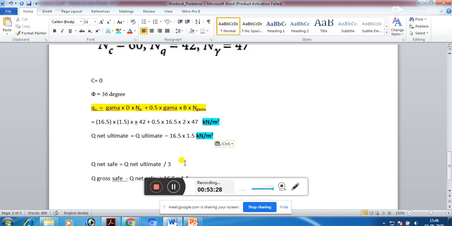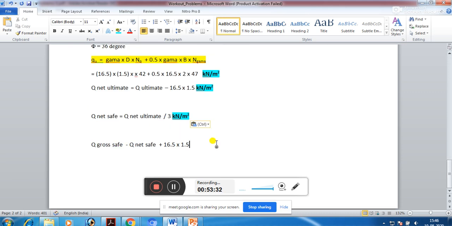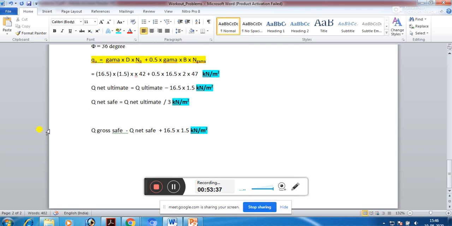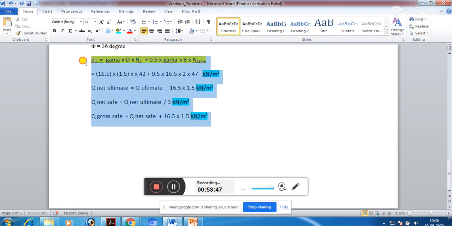This will also have unit kilonewton per meter square. This will also have unit kilonewton per meter square. Is it okay? So you see, this is what is actually happening. So you take into consideration this problem as a very simple form of the problem. This is the simplest form of bearing capacity problem.